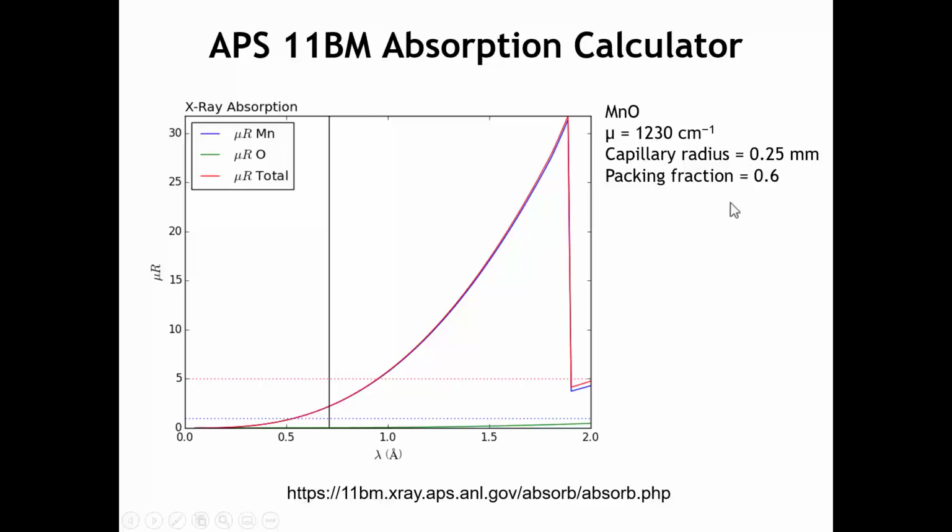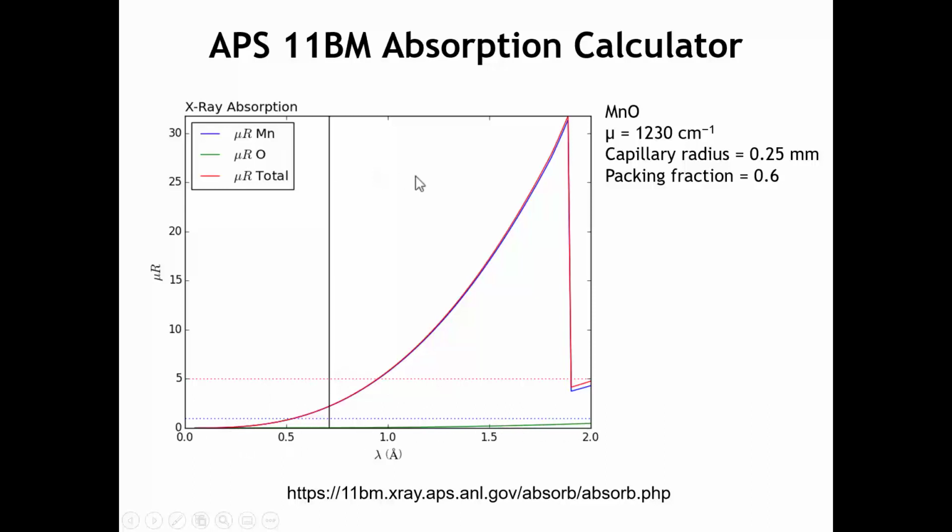and here, just to see how it would work, I chose a capillary radius of 0.25 millimeter. So that would be a diameter of 0.5 millimeter. That's a kind of capillary that you can fill. And then we get this plot. And so what are we seeing on the plot? Well, the x-axis is the wavelength of the X-rays.